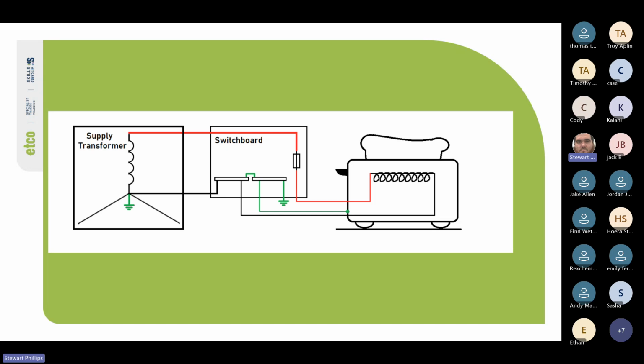When we talk about our earth fault loop impedance test, if we're measuring from the socket outlet that toaster is plugged into, we are measuring how much impedance there would be from that earth point back to the earth bar through our MEN link, down our neutral, all the way back to the transformer star point, and then through the windings of our transformer, back to our switchboard, through our fuse, and then to the phase side of our plug.